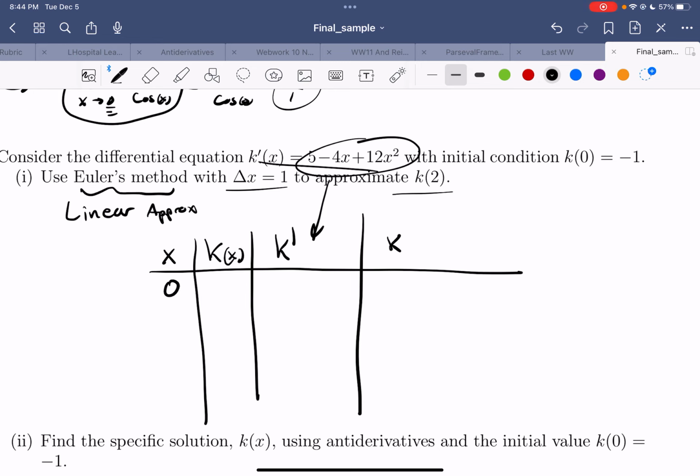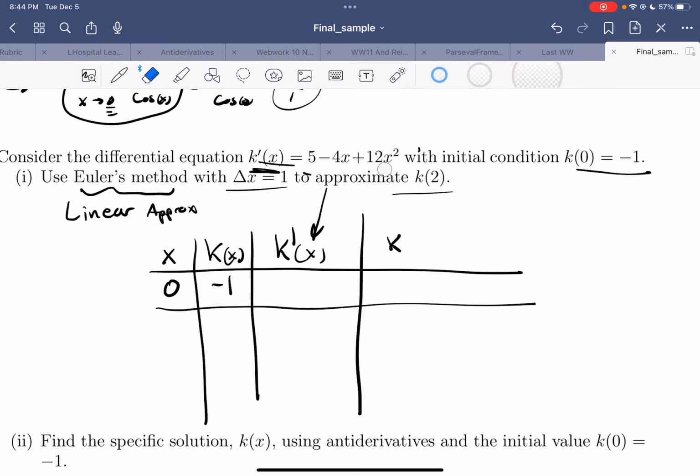So this column is going to be k of x. So for example, when x is 0, k of 0 is negative 1. And, okay, what's the slope? This is also at x. So the slope at x is 5 minus 0 plus 0, because, again, x is 0. Okay, so that's just 5.